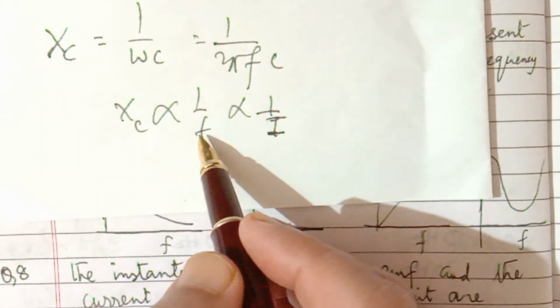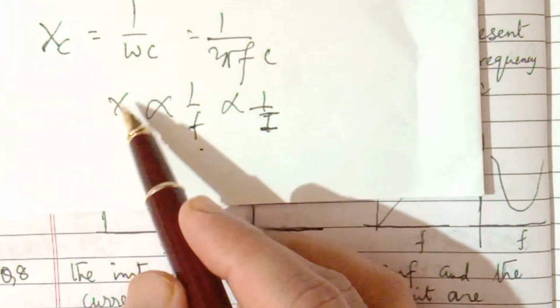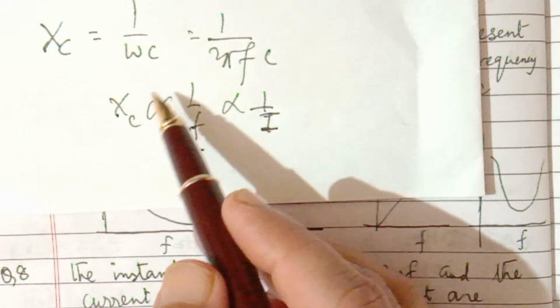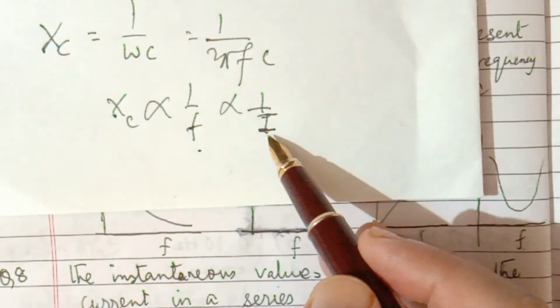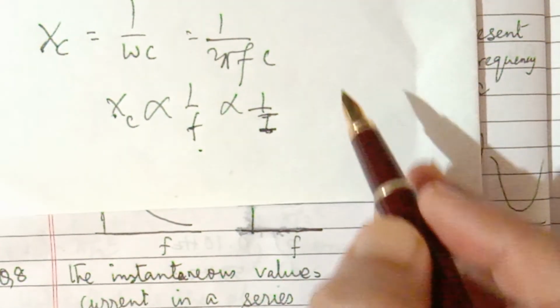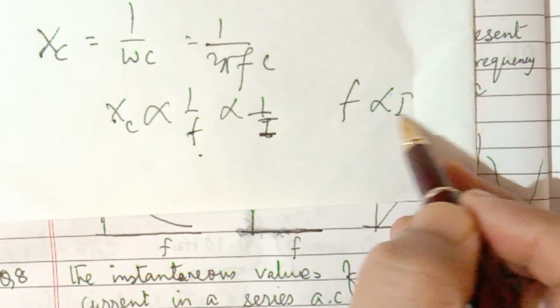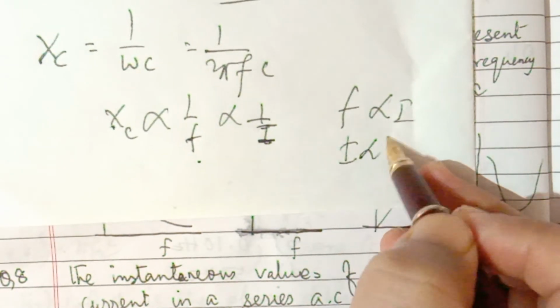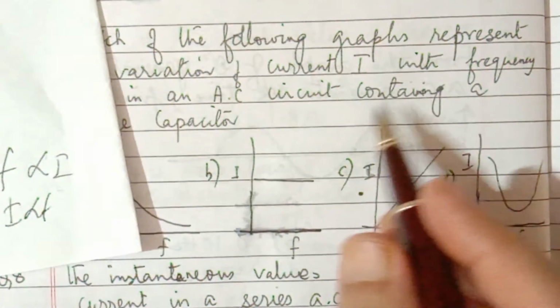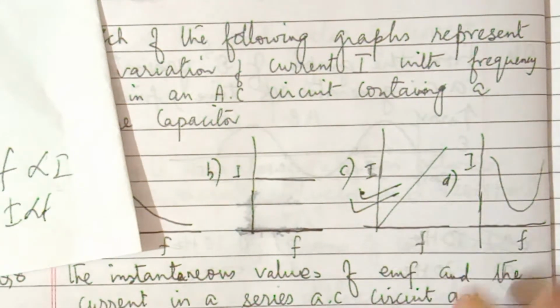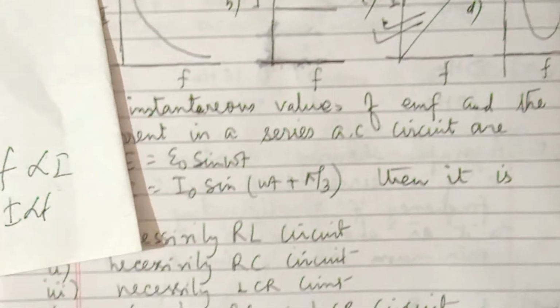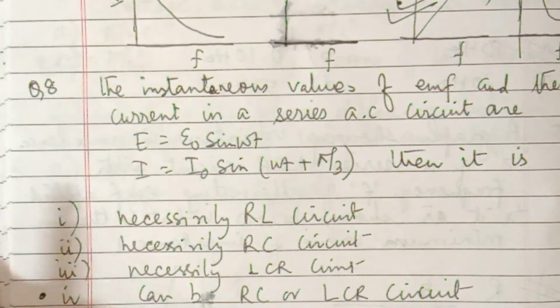If frequency increases, then resistance decreases, and if resistance decreases, current increases. So that means I is directly proportional to F. So this graph is okay. Okay, next question.